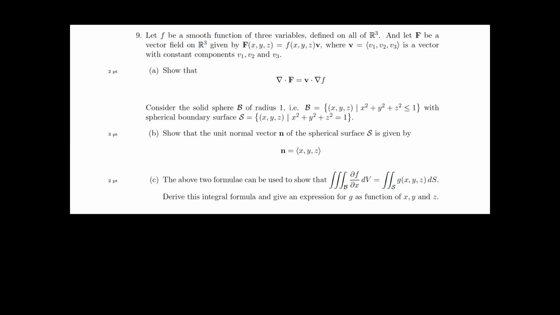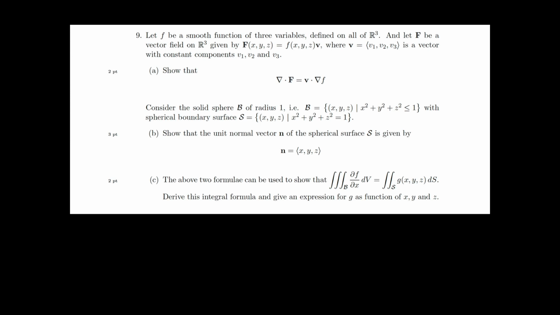And as a preparation, we have to go through 2 steps. Well, the first step is to show that the divergence of this vector field is actually equal to v dot the gradient of f. And in the second part, we need to show a unit normal vector of a spherical surface.